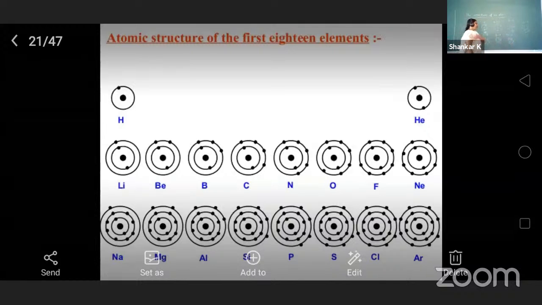Then for 11, the element with atomic number 11 is sodium. In sodium, the first cell has 2 and the second cell has 8. In the third cell, we can enter up to 18 electrons. Ten are used, and for 11, 1 will come in the third cell.